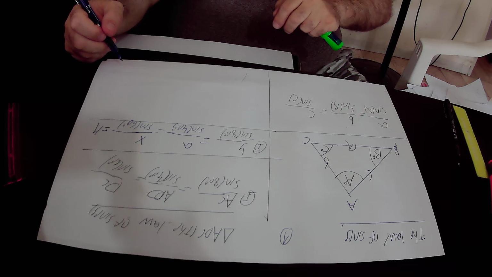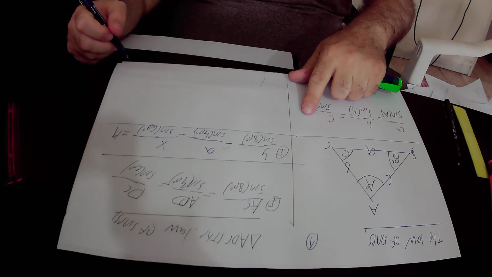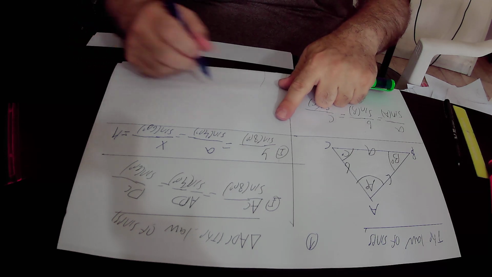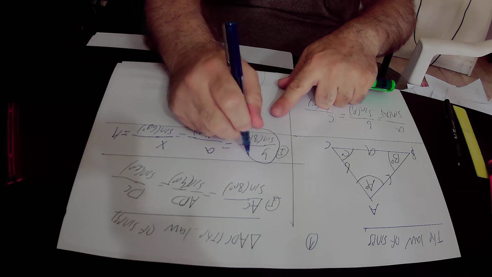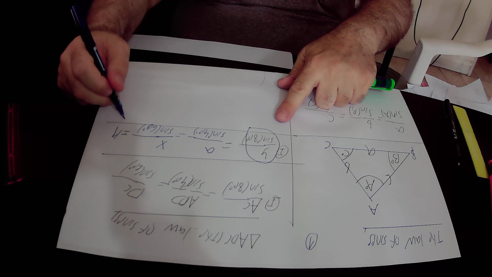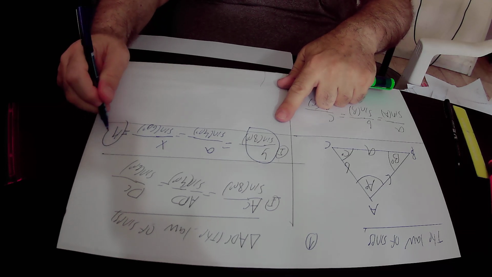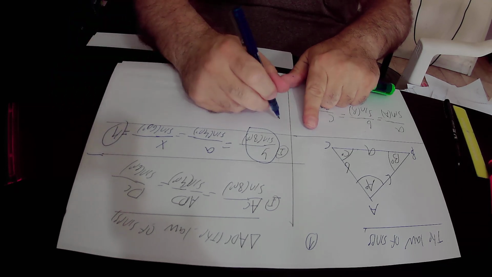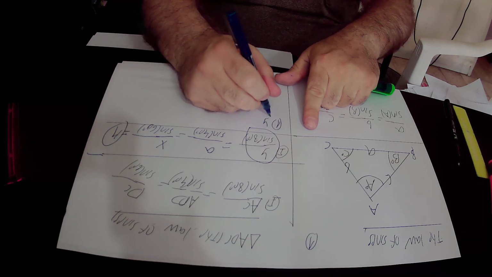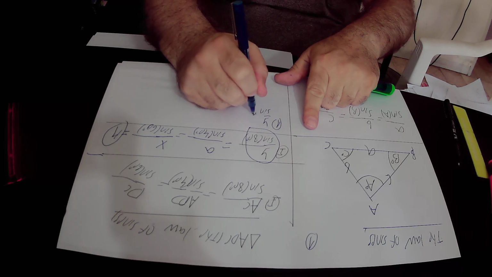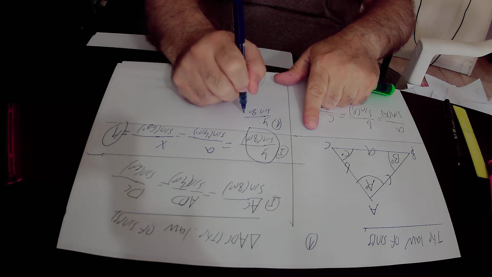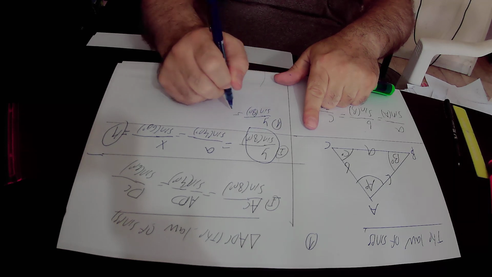So here all the three expressions are equal to k according to our definition, and we'll derive the first equation from this long equation. This expression is equal to k. So this will be equation number 1, that y over sine 80 degrees is equal to k.